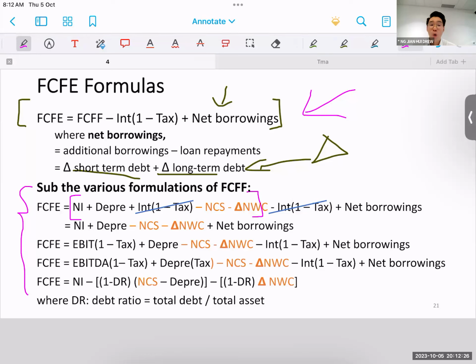Debt includes only notes payable, short-term debt, long-term debt, right? That's about it. Debt from related parties, yes, you include. If it specifically says debt from related parties, you include it. But not payables from related parties, right? So everyone knows the difference between payables and debt.